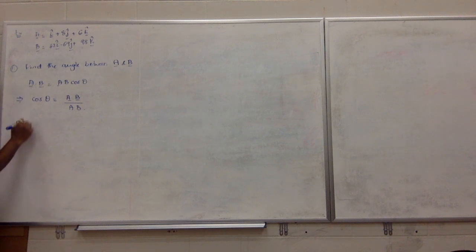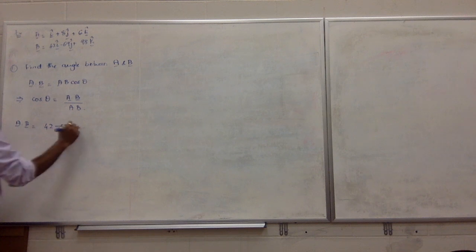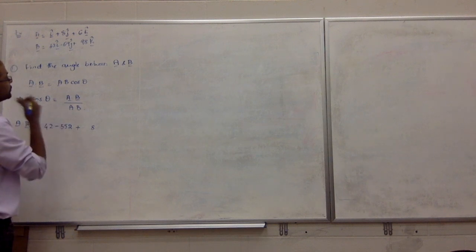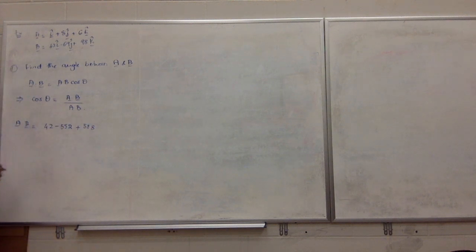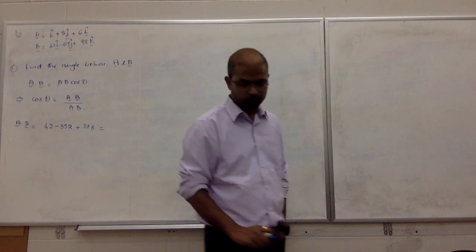Let's look at this stepwise. A dot B is 42 minus plus, okay, and this will be equal to 1392.